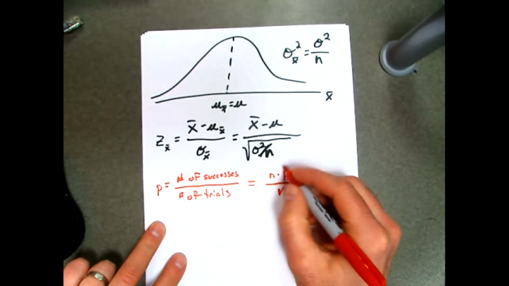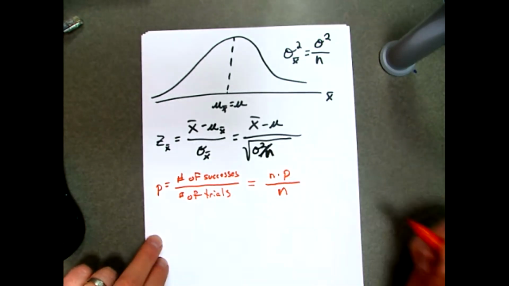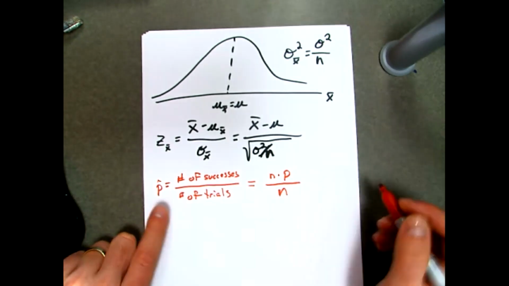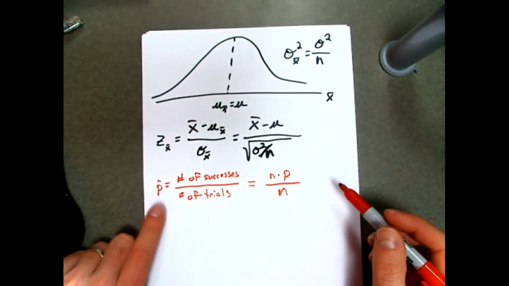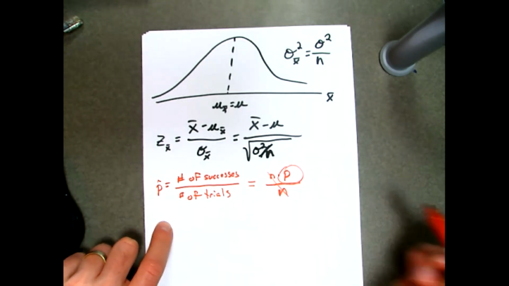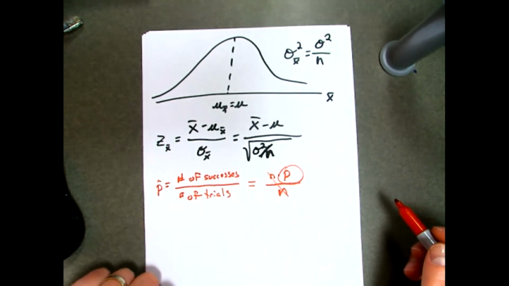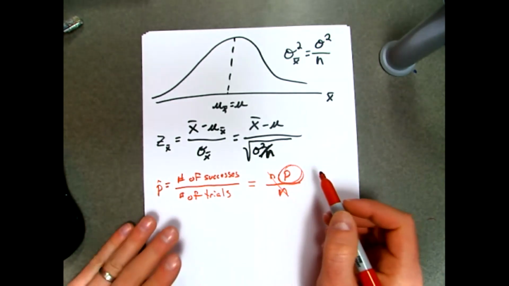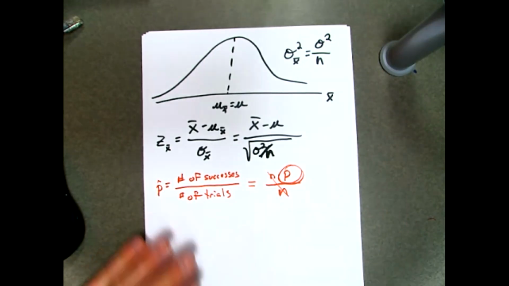Our binomial equation for the mean, or our average number of successes, was just N times P. Sorry, I should have said our sample proportion here. I'm thinking about my sample proportions, right? They should be centered around whatever that true population proportion is. If I can find the average number of successes, then the average proportion of successes will just be whatever that population proportion is.